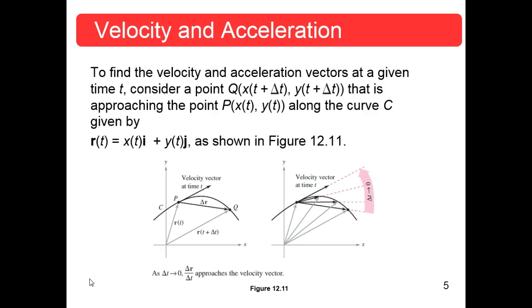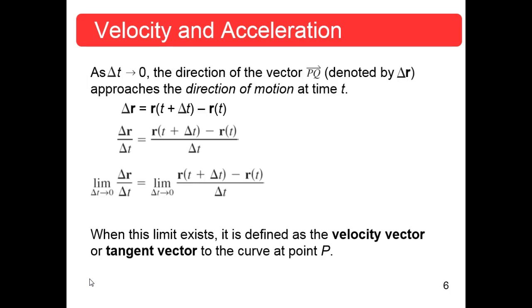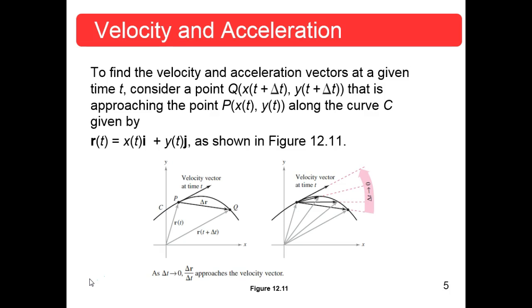And as delta t approaches zero, the delta r over delta t approaches the velocity vector, which is your tangent vector there. So you see the delta t is getting less and less, and the secant vector is approaching the tangent vector, just like we did way back in Cal 1. All right, as delta t approaches zero, the direction of the vector PQ, denoted by delta r, and that was the other thing.